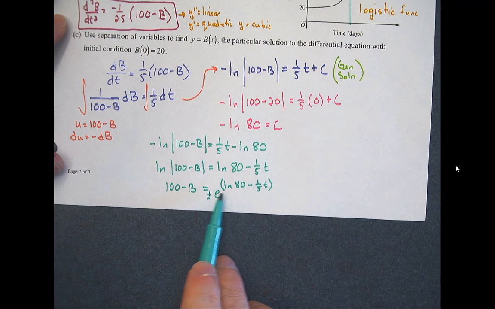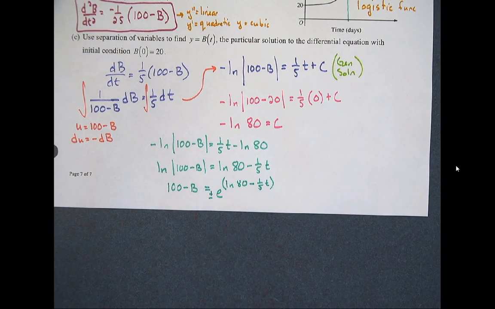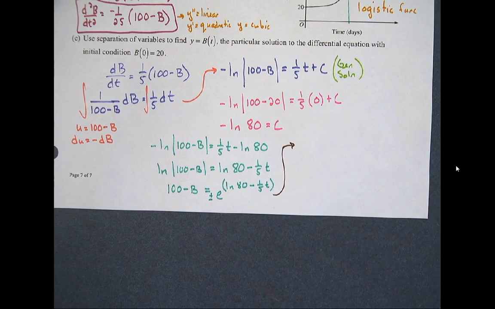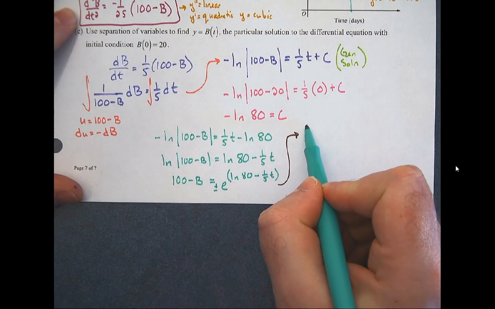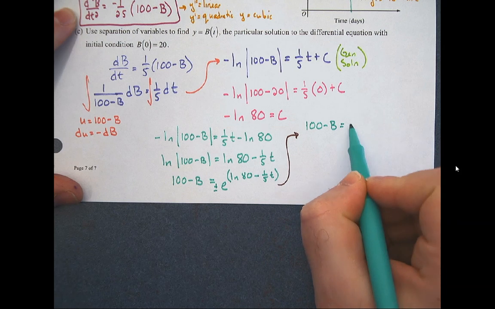And then I'm going to break this up. Remember, you got e to something, subtract something else. How does that clean up? This goes back to our properties. See if you can remember. So we get 100 minus B equals plus or minus.